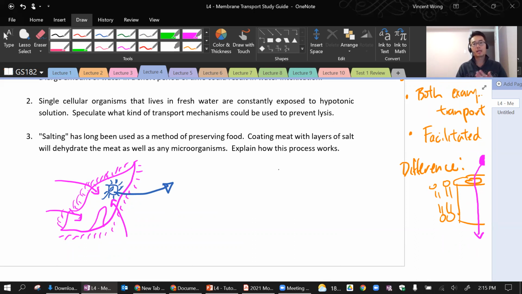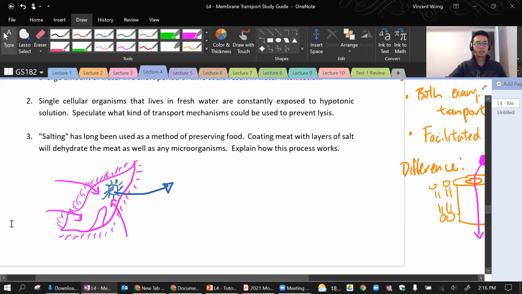Without microorganism, they will not spoil the food, and the food will last longer. But of course, salted food is not the most healthy food because it's very, very salty, and having high sodium intake can cause its own set of problems as well.